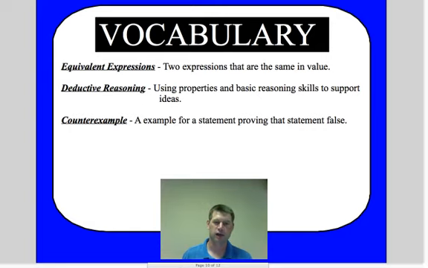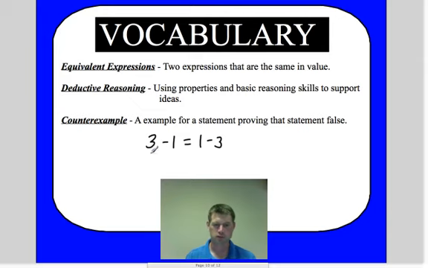Counterexample is the next vocab: an example for a statement proving that statement is false. Counterexample means being able to provide something that says that's wrong. The primary place we would see that is in saying there's a commutative property of subtraction, because there's not. So we look at it and say, well, what's 3 minus 1? Can that be the same thing as 1 minus 3?